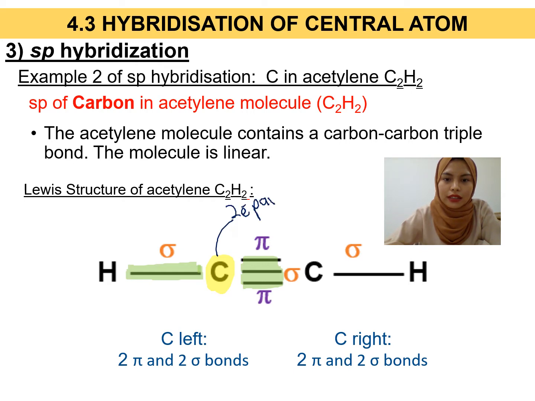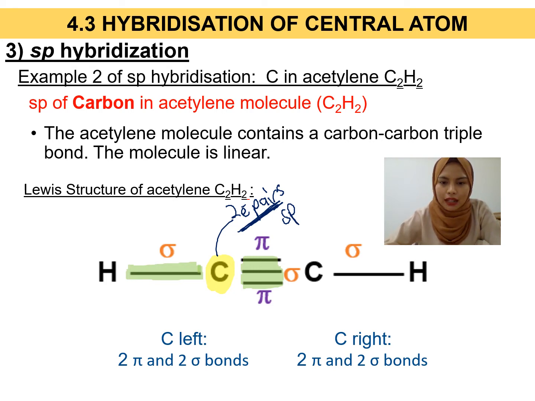So bila the central atom ada 2 electron pairs, therefore the electron will be arranged in a linear arrangement. So linear arrangement bermaksud carbon atom ni dia akan ada sp type of hybridization. Because why? Because the central atom ni ada 2 electron pairs.